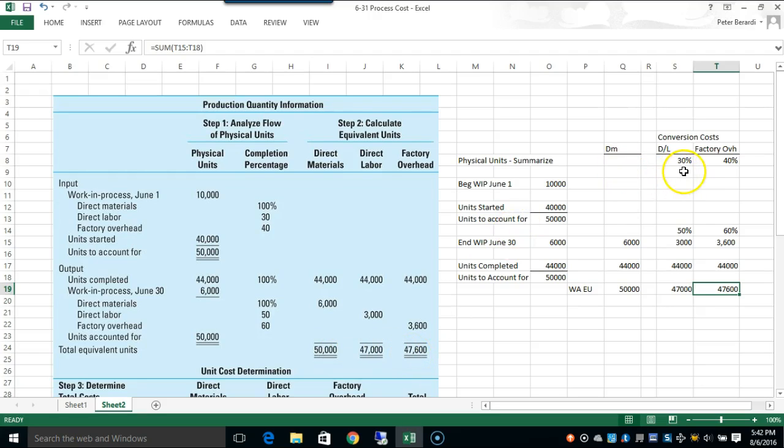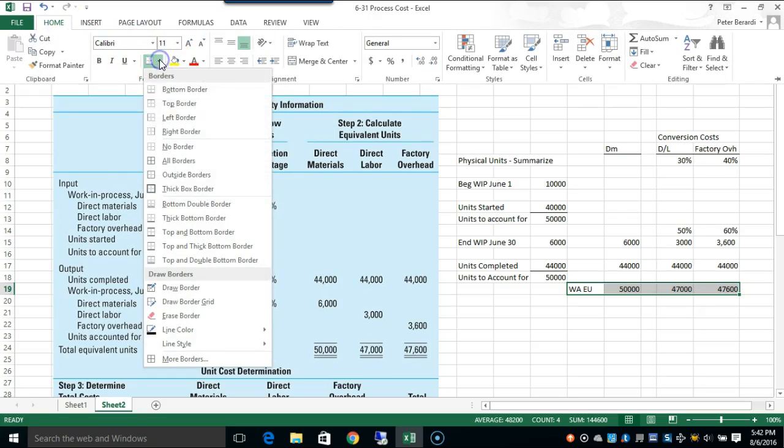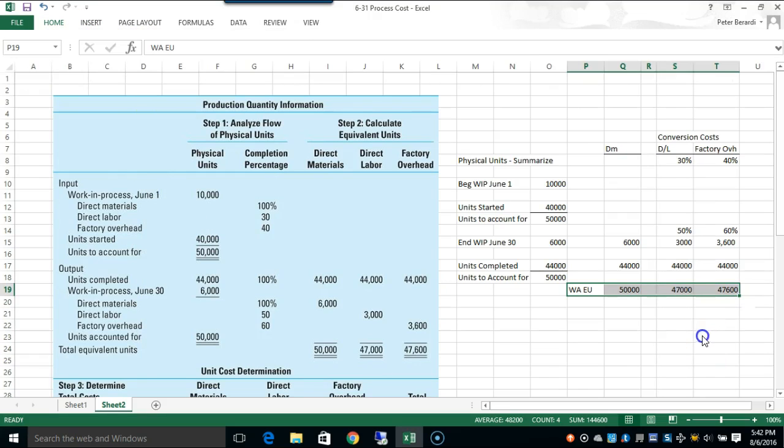Now we're going to do the same for the top half, but you don't have to for weighted average because this is already calculated, but I'm going to do it because the problem also has FIFO in it. And I'll explain this, why you have to do FIFO. But beginning, again, is 100%.